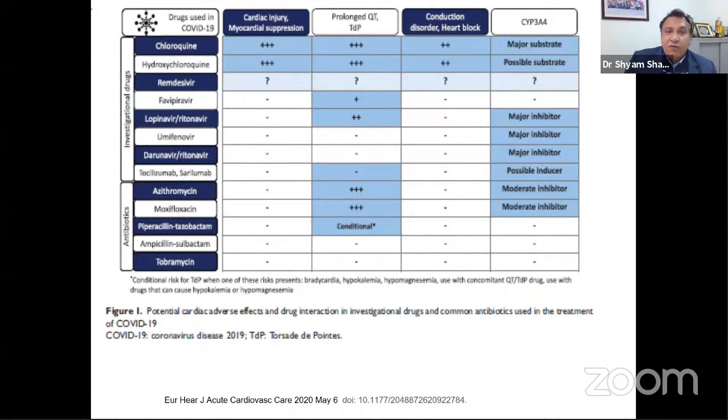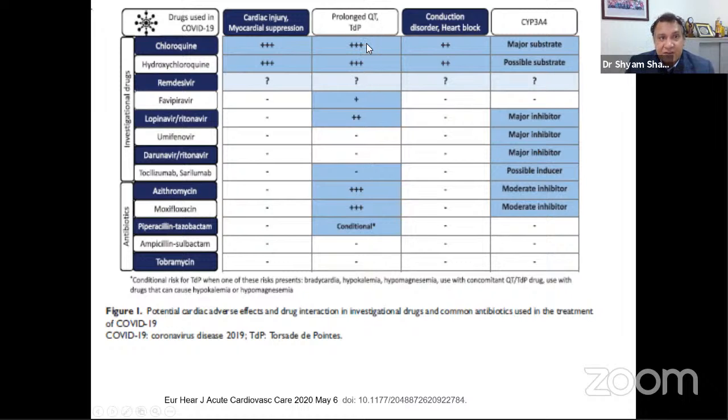What we always have to look into is that safety and efficacy need to be planned so that there is no undesirable pharmacodynamic effect, or undesirable QT prolongation, in the patients. So you can see cardiac injury and myocardial suppression with chloroquine, hydroxychloroquine, remdesivir (question mark), because some investigation still needs to be done.